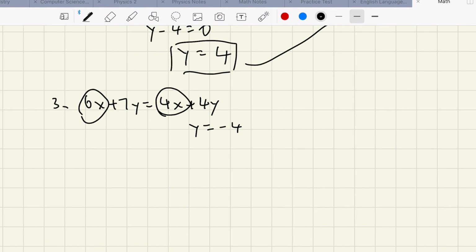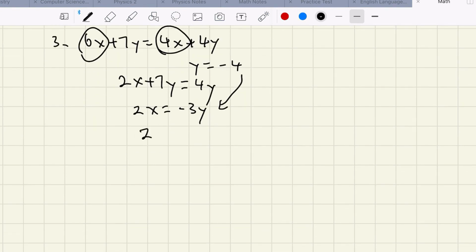So subtract 4x on both sides, you get 2x plus 7y equals 4y. Subtract 7y on both sides, you get 2x equals negative 3y. And now if you plug in y equals negative 4, it becomes much easier, and you get 2x equals 12 and x equals 6. So a solution to this linear equation would be 6, negative 4.